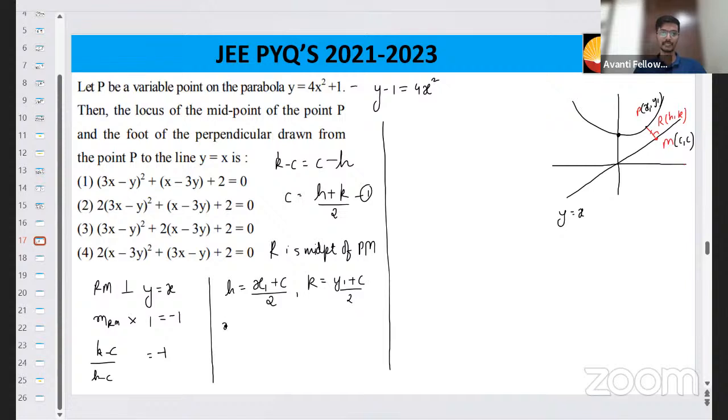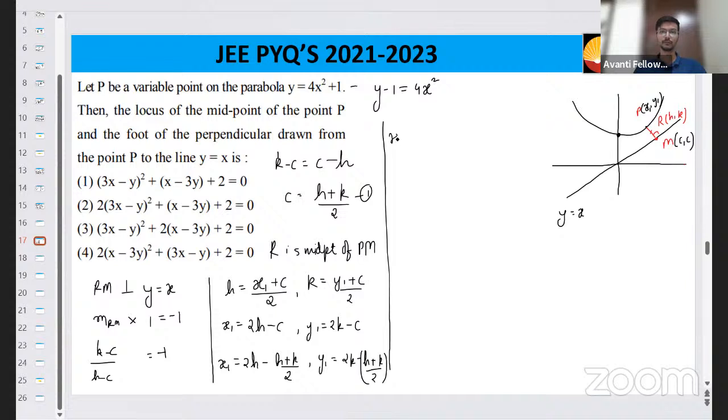Okay, so first, what will be x1, guys? x1 is 2h minus c, and y1 will be, let's simplify, 2k minus... Let us substitute the value. So x1 is equal to 2h minus (h plus k)/2, and y1 will be equal to 2k minus (h plus k)/2. Correct?